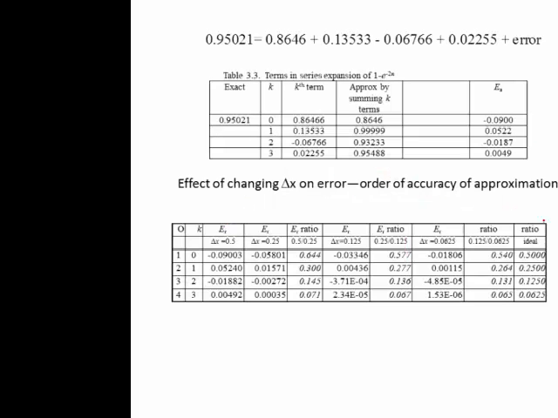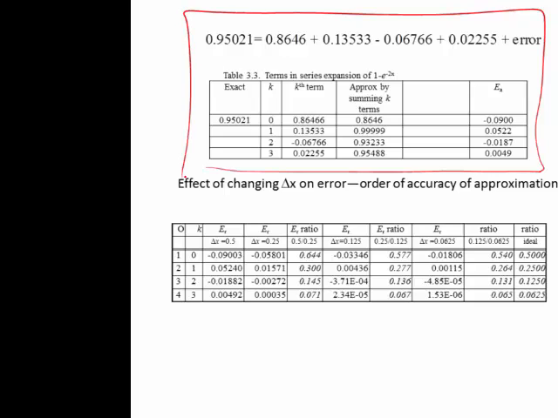All right, now the real benefit from doing all of this is going to be to see what happens to the approximation as delta x changes. Okay, so this is all stuff that we just saw on the previous page, and what I'm going to do is repeat this by using a delta x that's cut in half and then cut in half again. All right, and I'm going to take a look at what the error is.